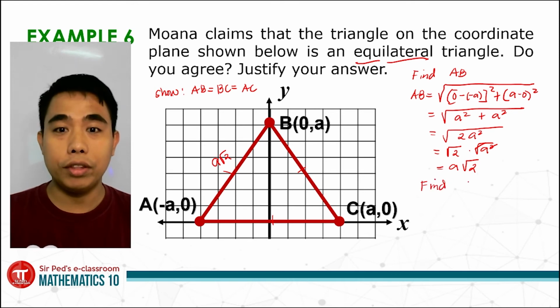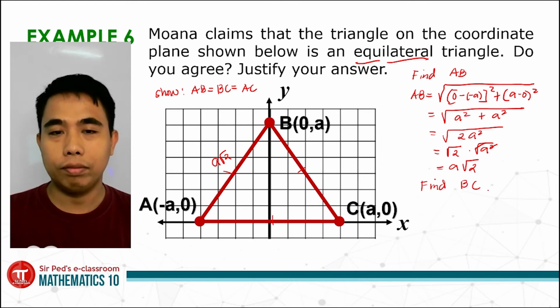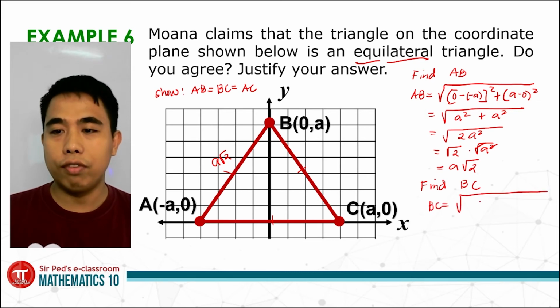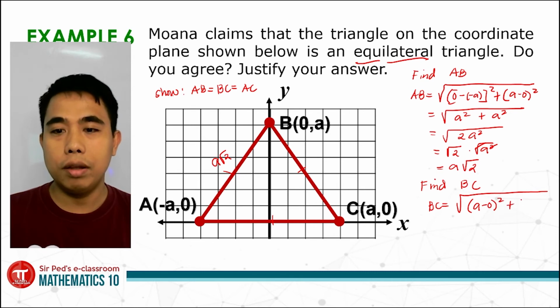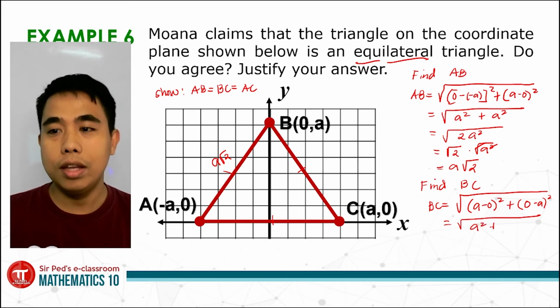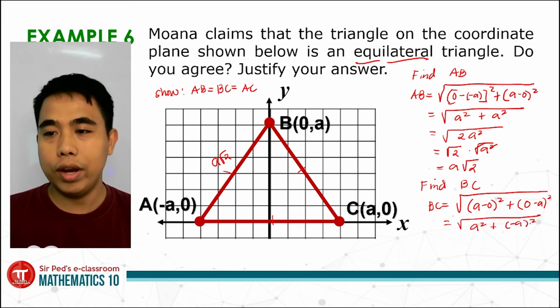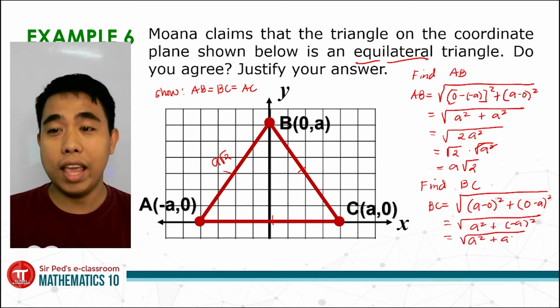Next is we are going to find BC. So the same, we're going to use distance formula, that is a minus 0, the quantity squared, plus 0 minus a, the quantity squared, which is equal to the square root of a squared plus negative a squared. So that is equal to the square root of a squared plus a squared.